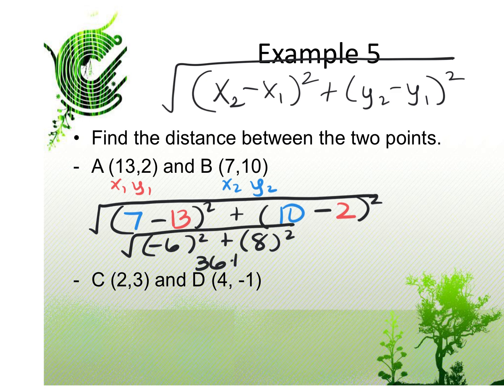So 36 plus 64. I'll now add that, and then I square root. You should have already memorized the first 12 perfect squares in 3rd grade when you learned your times tables, because you should know 1 times 1, 2 times 2, 3 times 3, all the way up to 12 times 12.